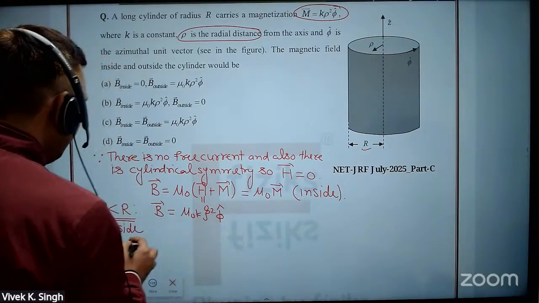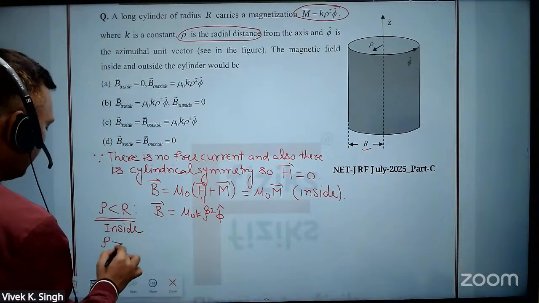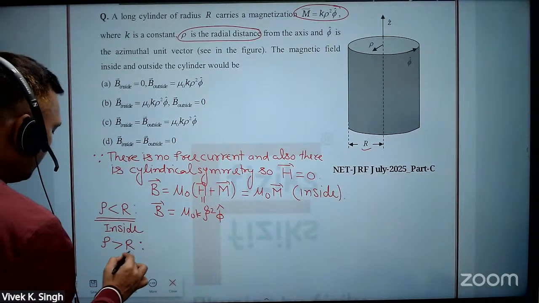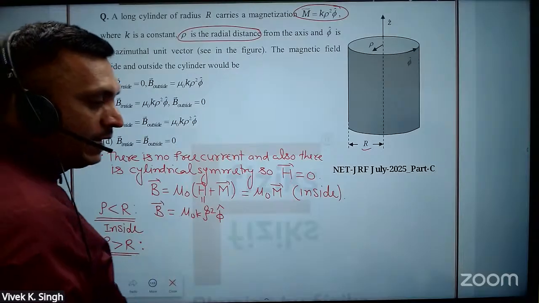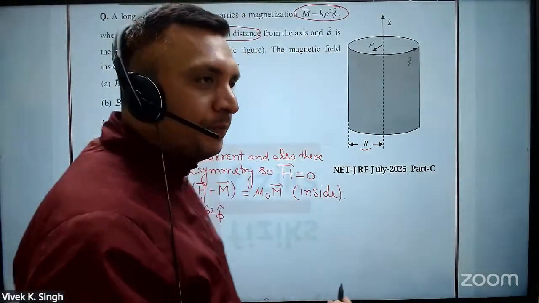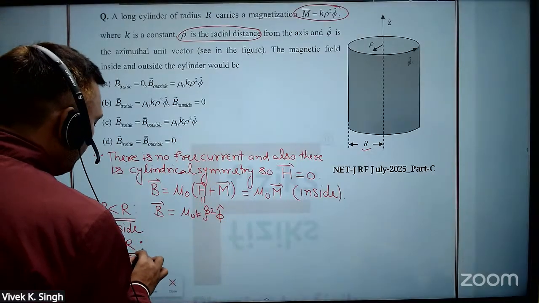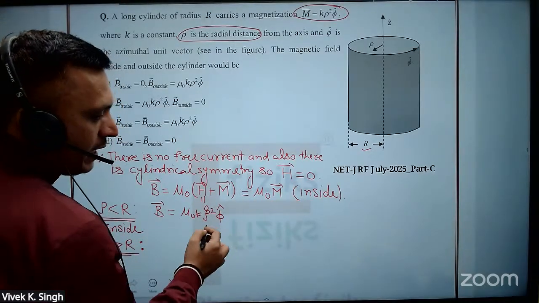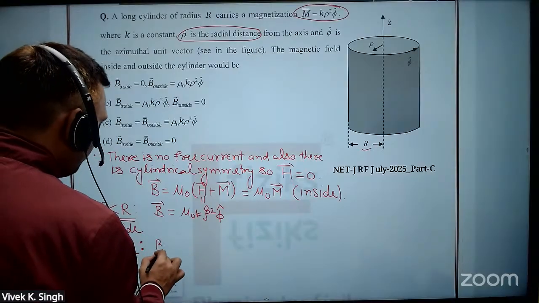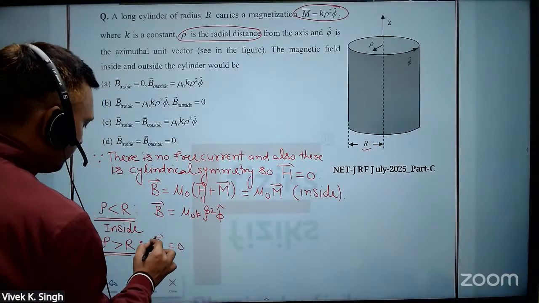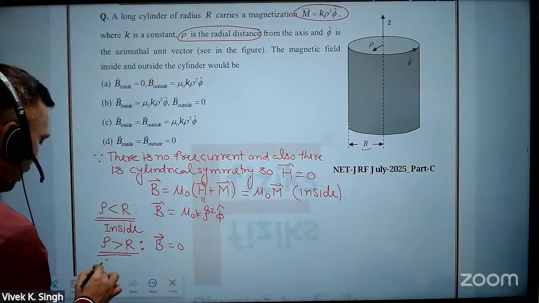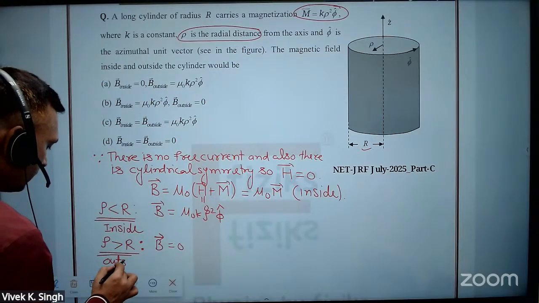This will be inside, and for an outside point, because there is no free current and we are outside the magnetized material, the magnetic field due to bound current outside the magnetized material is always 0. So B is equal to 0 for an outside point.